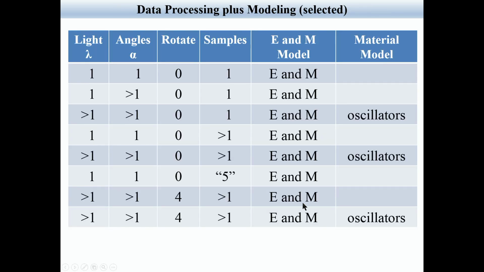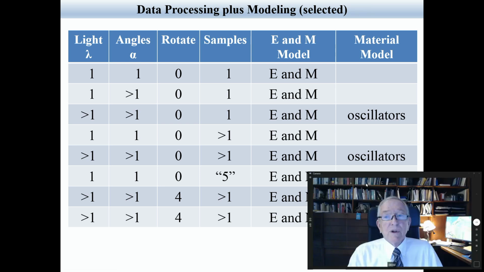And there's a whole bunch of different ways that you can go at this, which requires different measurements and different information. You can have a single angle and a single wavelength. You have one sample, and you're somewhat limited by that. If you increase the number of angles of incidence, you can gain from that. If you take different wavelengths and angles, now we're talking the Woollam approach, or many others use this approach.